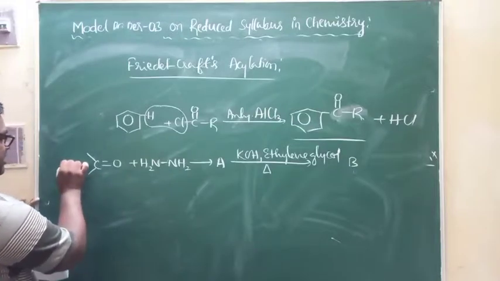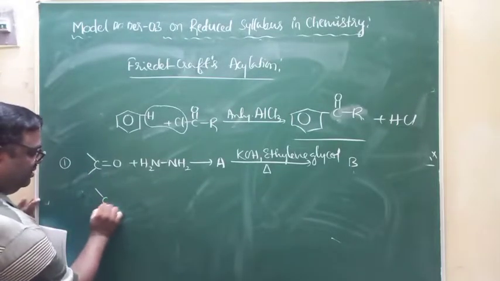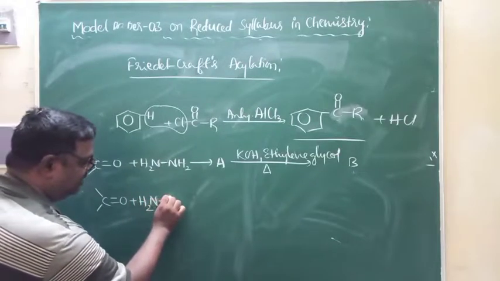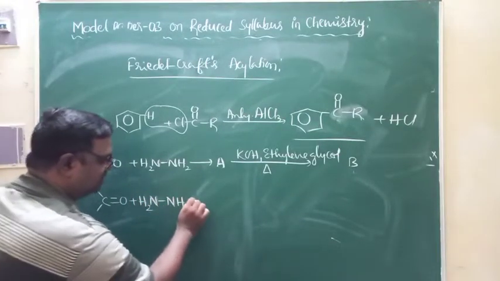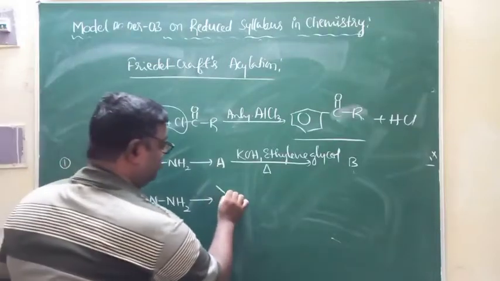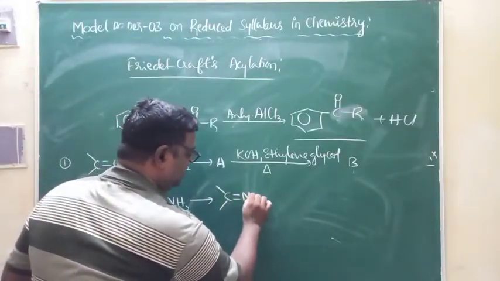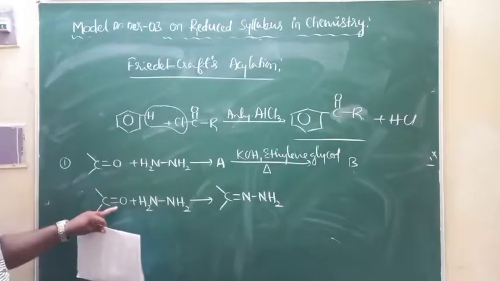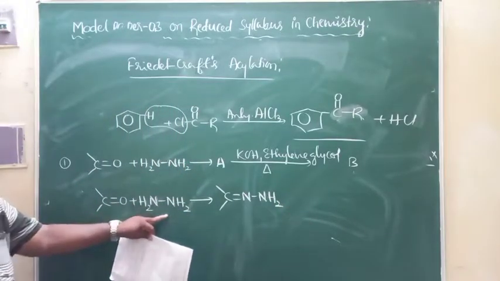This is the Wolff-Kishner reduction, converting aldehydes and ketones to their respective hydrocarbons. This is hydrazone. The carbonyl compound reacts with hydrazine to give hydrazone.